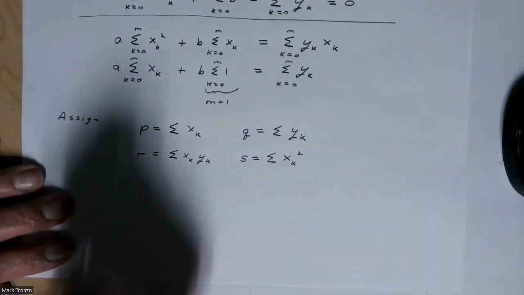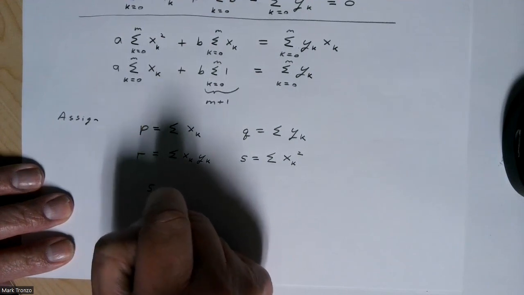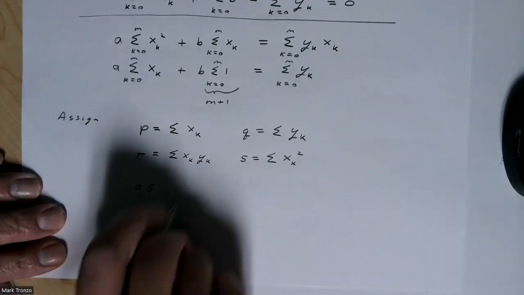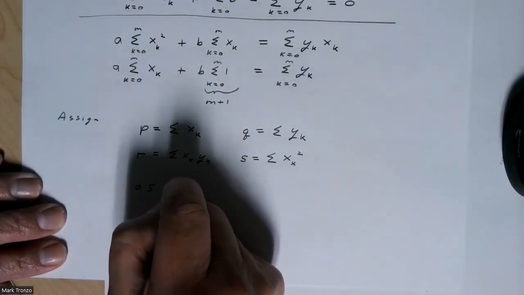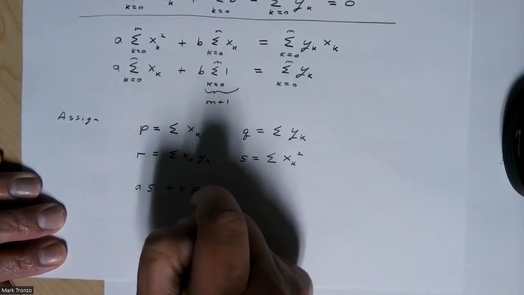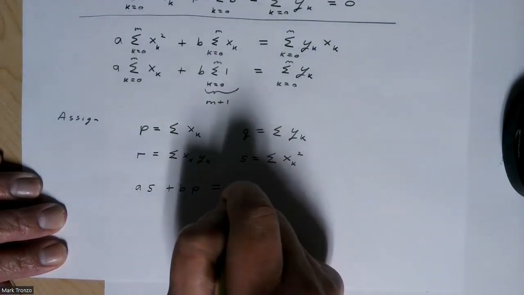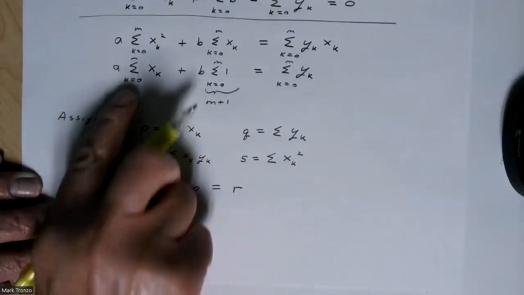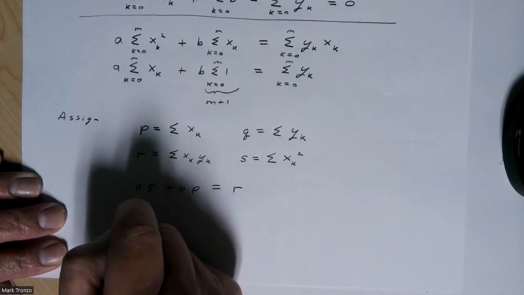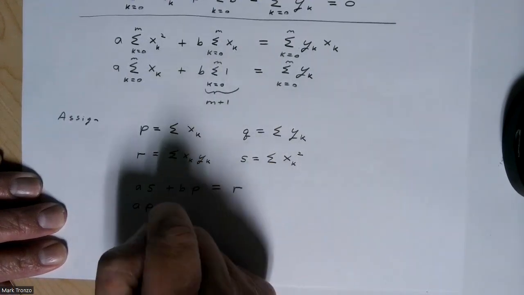This is going to be S up here, and that's going to be A times S. And then over here, we're going to have B times this one, that's P. On the right-hand side, we have R. And then down here, that was P, a P. And then here we have B times m plus 1.